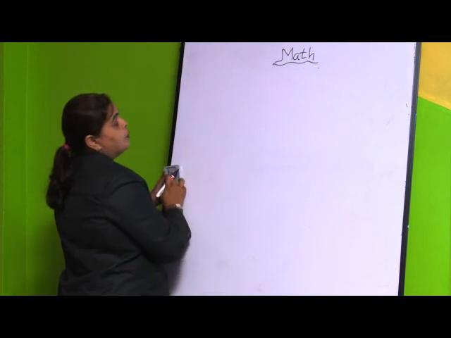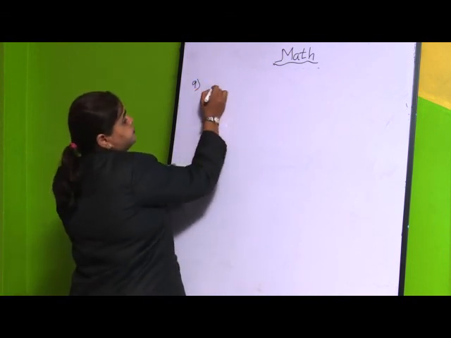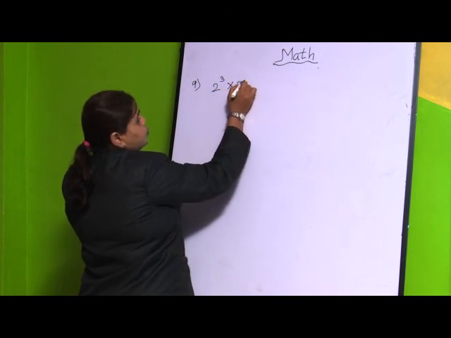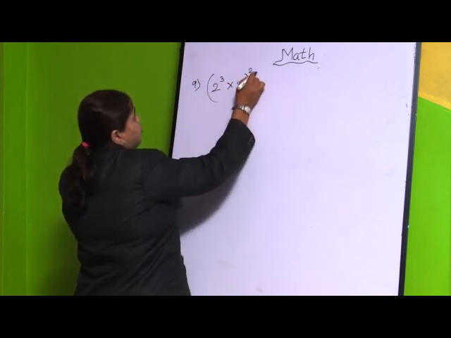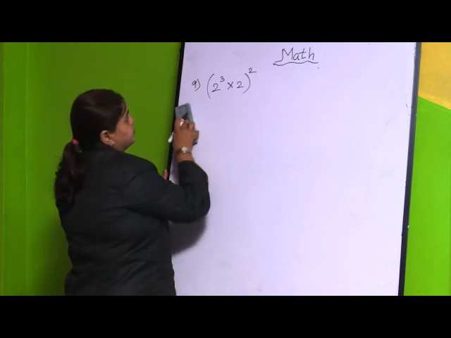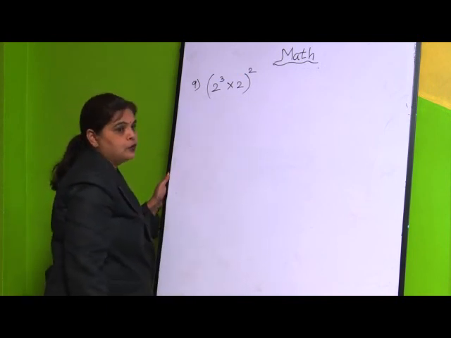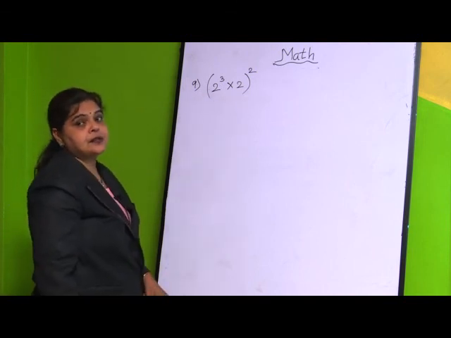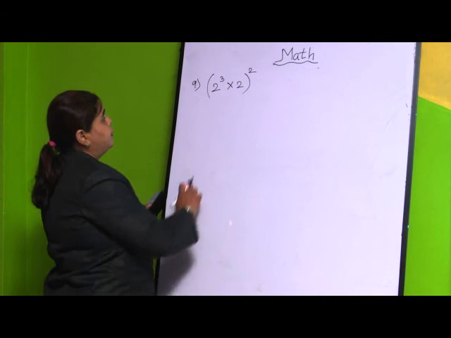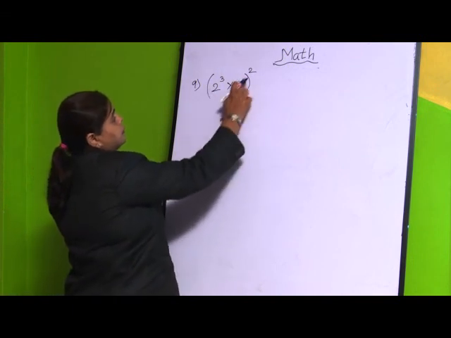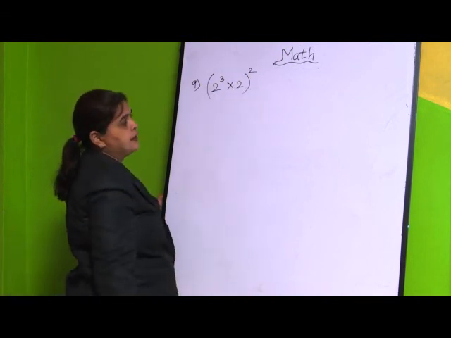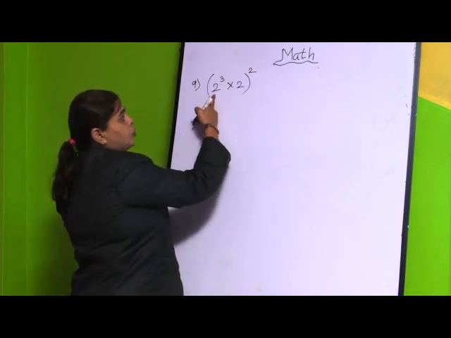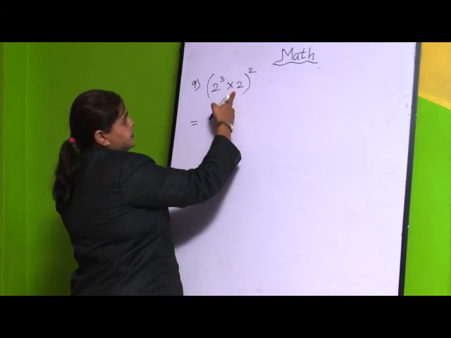One more example we will see here is 2 raised to 3 into 2 to the power of 2. Now, you know it is a common power, as I explained in the previous session, that is we can say this square belongs to this as well as this.